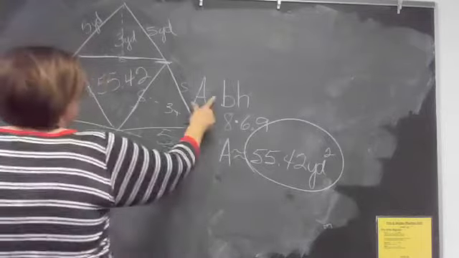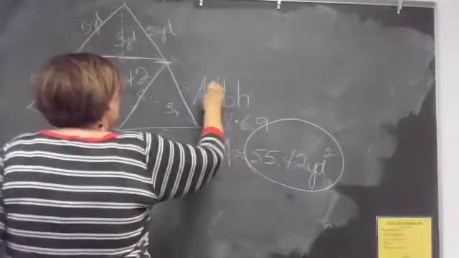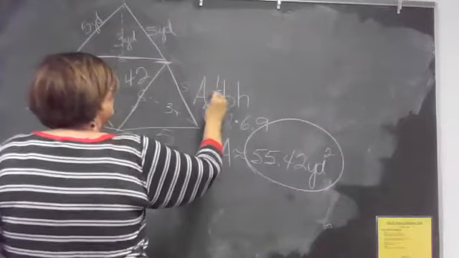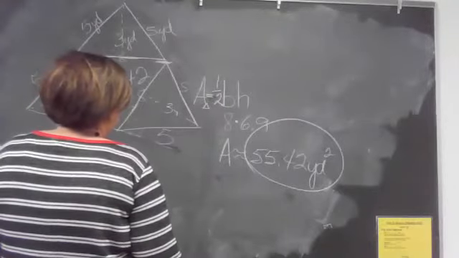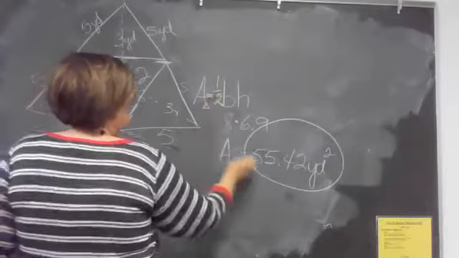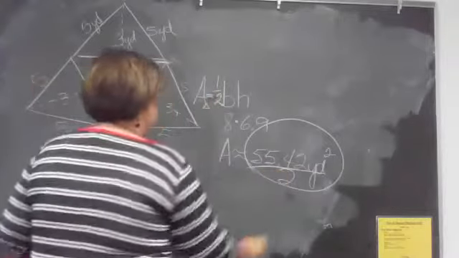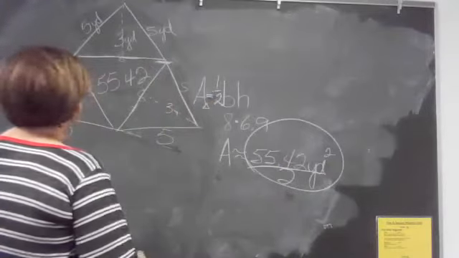The area of a triangle is 1/2 the base times the height. Triangle, you have to take it divided by 2. Silly Deborah.